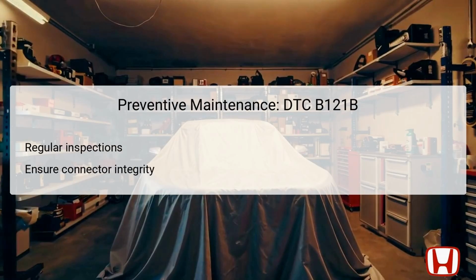To mitigate the recurrence of issues related to DTC B121B, proactive preventive maintenance practices should be implemented. Monthly or periodic inspections of the HVAC system and associated wiring can help identify potential problems before they escalate into substantial faults.